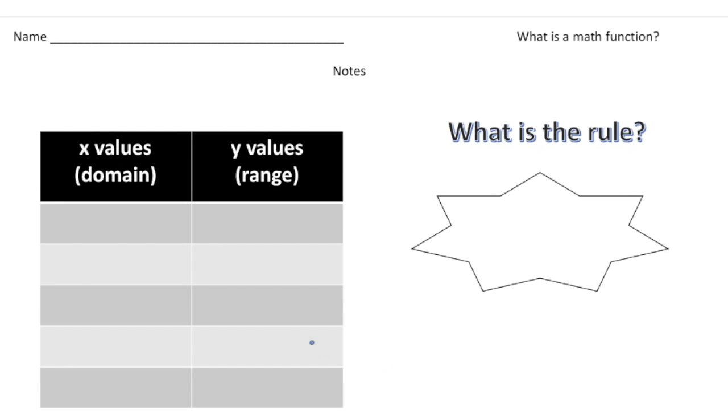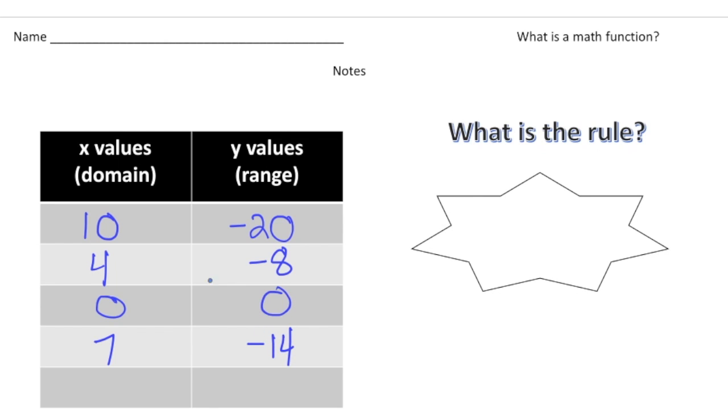Let's try one more. Let's say the x value is a 10 and the y value is a -20, and the x value is 4 and the y value is a -8, and the x value is a 0 and the y value is a 0, and the x value is a 7 and the y value is a -14.